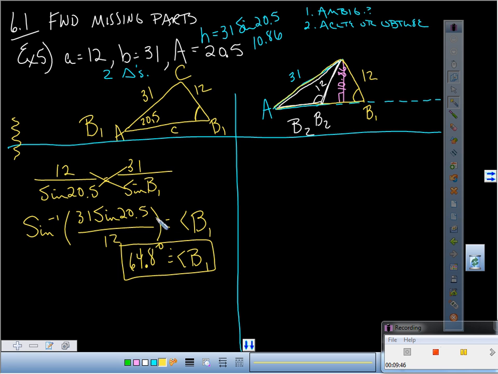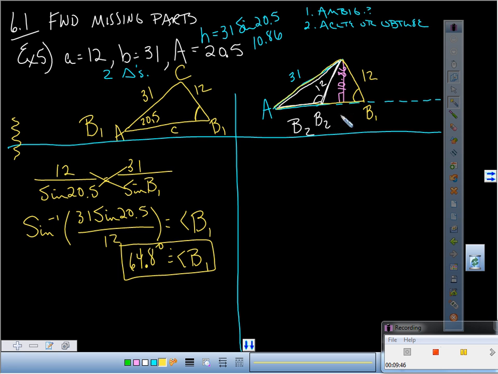Now, here's something that's just a preference for me. I'm going to choose to stop right here and go over here and find B sub 2. And then I'll go back and finish this problem, and then I'll work this problem. But while I'm looking at this, I can't find B sub 2, guys, until I have found B sub 1. So, here's my question.